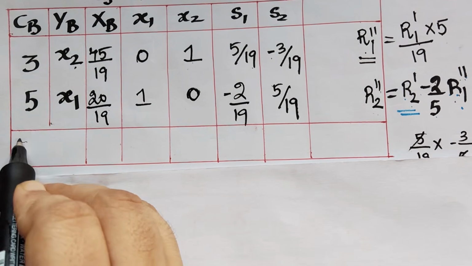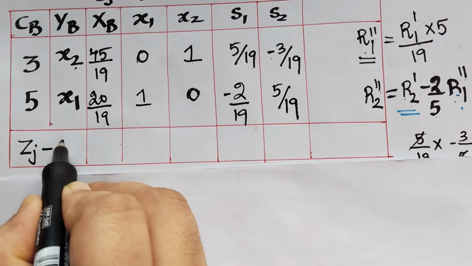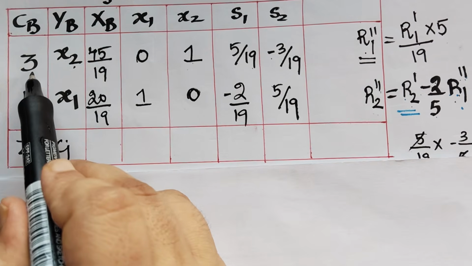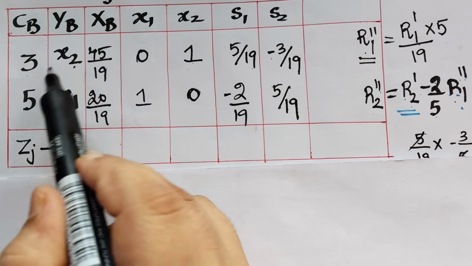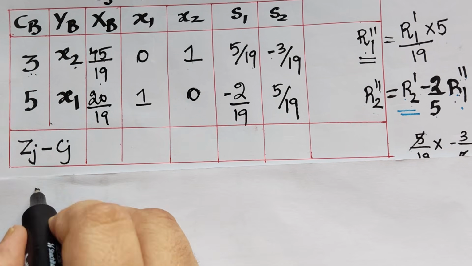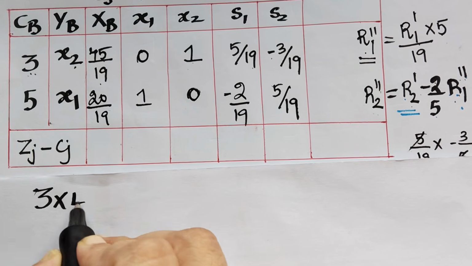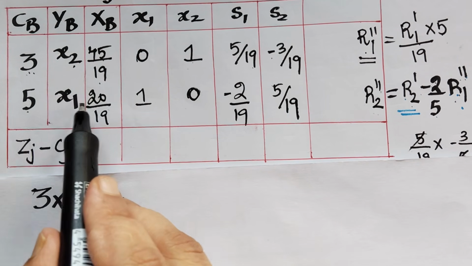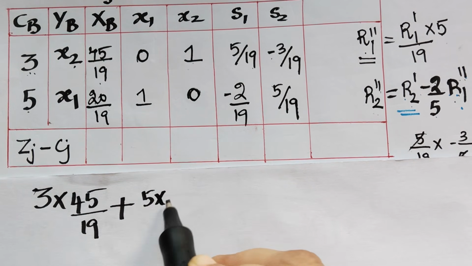Now after finding all these values, we have to find the Zj minus Cj value. So here if you see the first value, this is the solution space. It will be 3 multiplied with 45 by 19 plus 5 multiplied with 20 by 19.